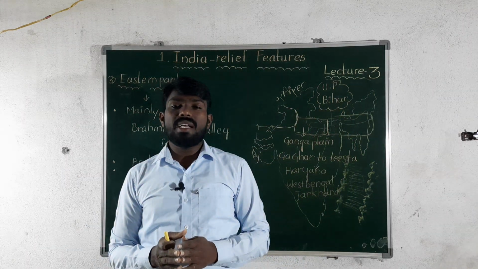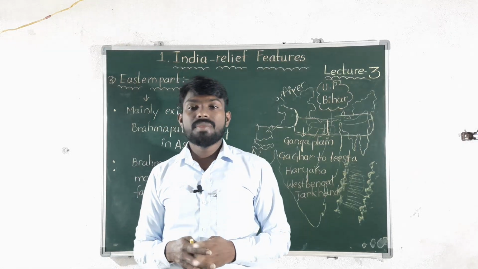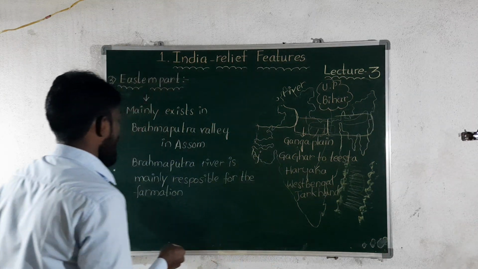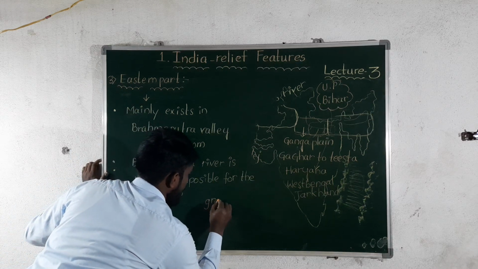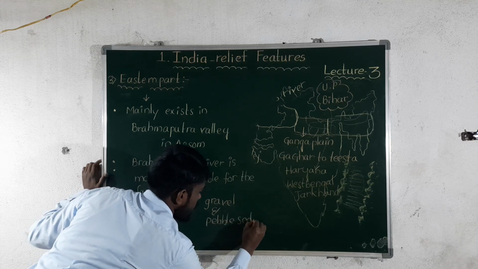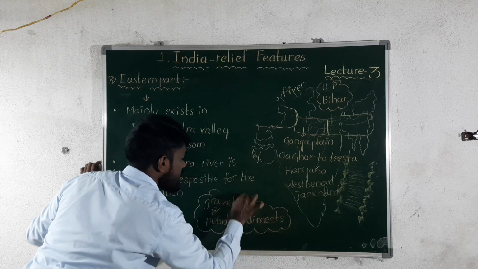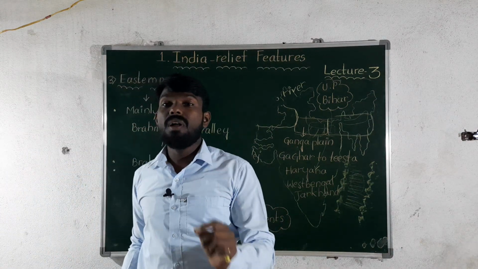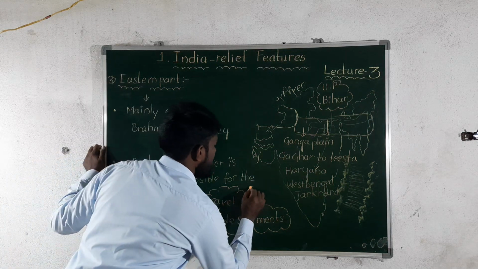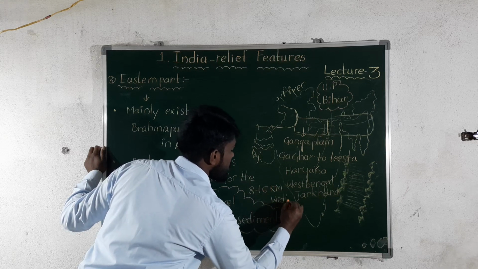Himalayan rivers deposited gravel and pebble sediments in a narrow belt of 8 to 16 kilometers width.